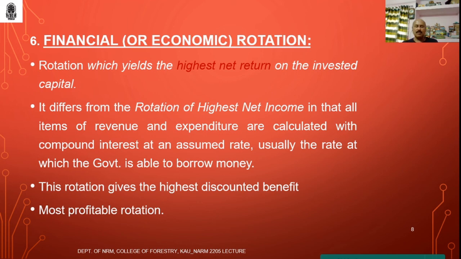What you put in and what you get are calculated with compound interest at an assumed rate, usually the rate at which the government is able to borrow money. So it is a rotation where a lot of things are connected. This rotation gives the highest discounted benefit, and in terms of profit, a financial or economic rotation is the most profitable kind of rotation that can be practiced.